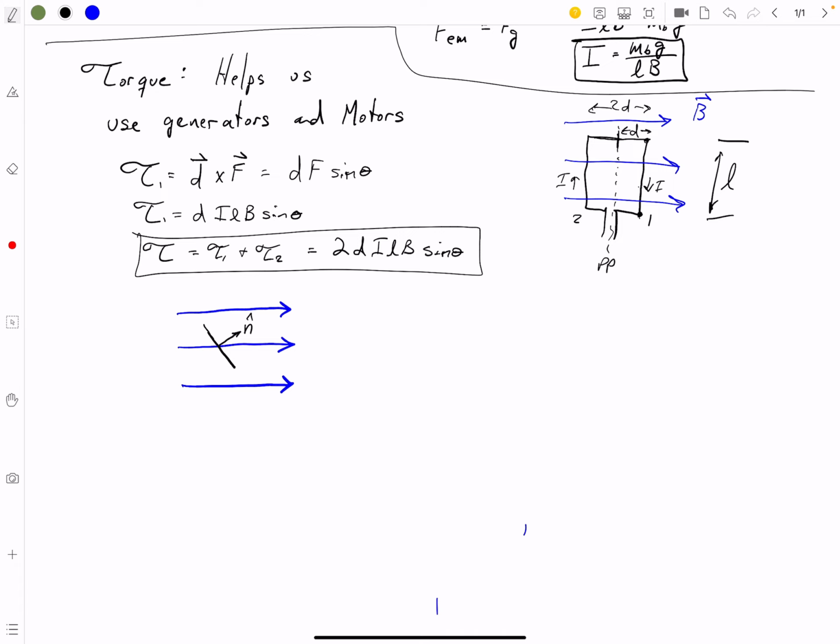So the angle between the normal and the B field is theta. Because there's some area A, that really equals n hat times A. So what is that area? That area is 2d times L.